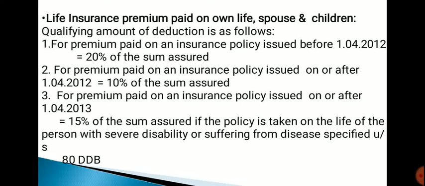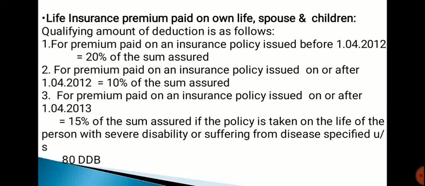Third one, for premium paid on an insurance policy issued on or after 1/4/2013, the qualifying amount of deduction is 15% of the sum assured or the premium paid, whichever is less.